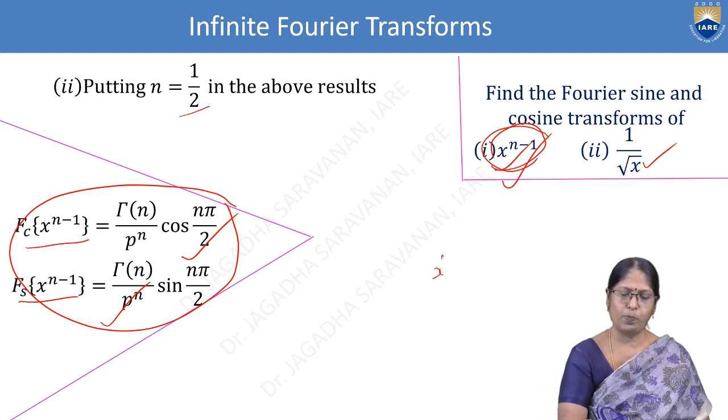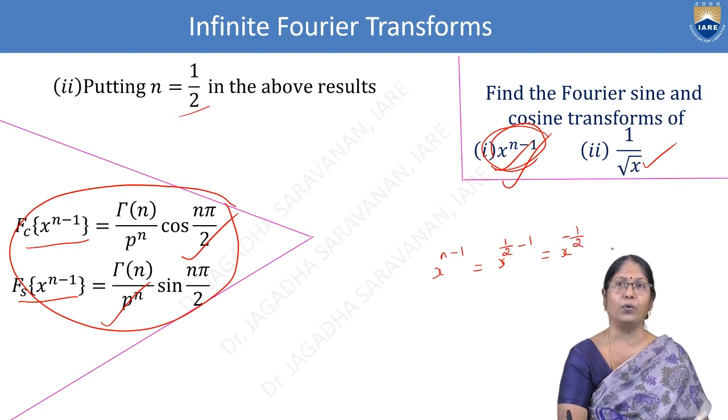That is, x power n minus 1 becomes x power 1 by 2 minus 1, which is x power minus 1 by 2, equal to 1 by x power 1 by 2, equal to 1 by root x.